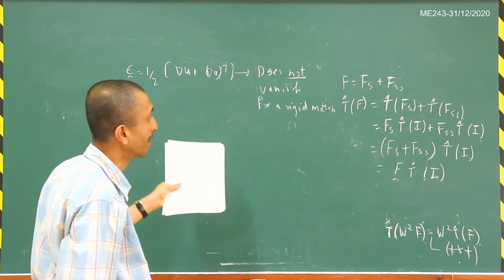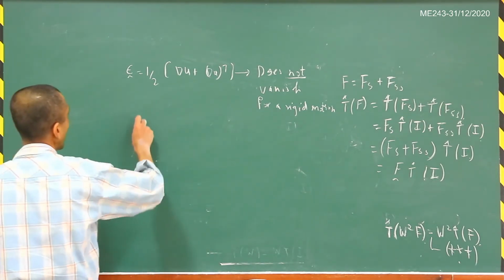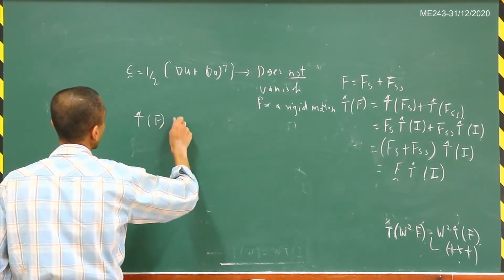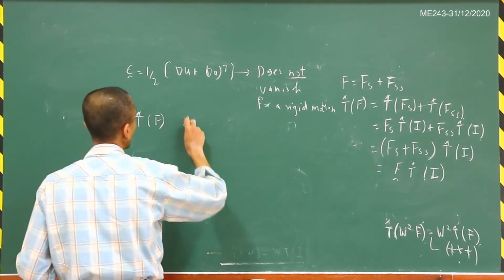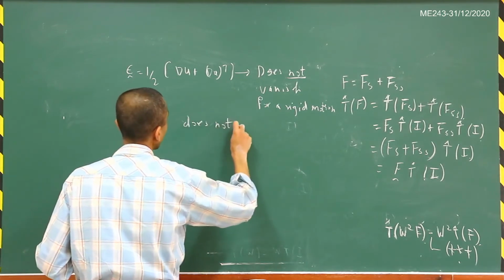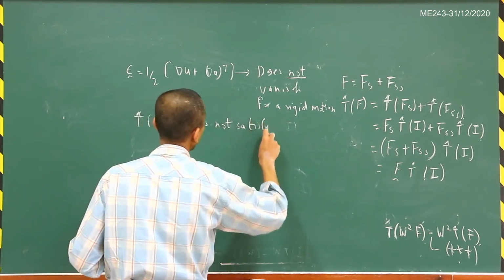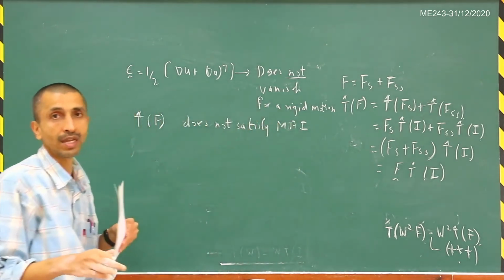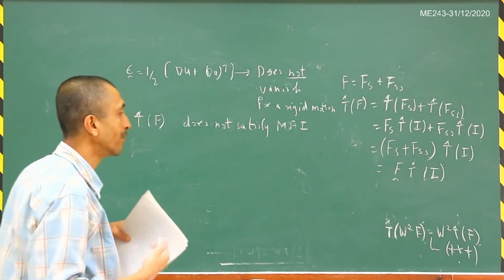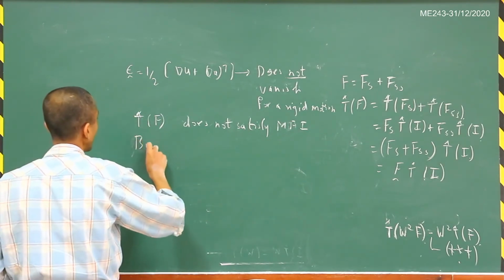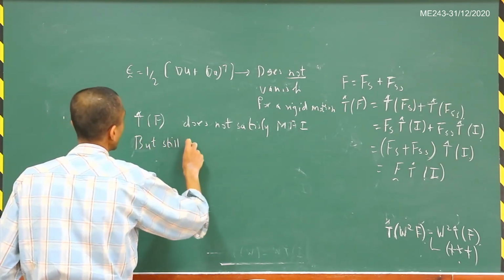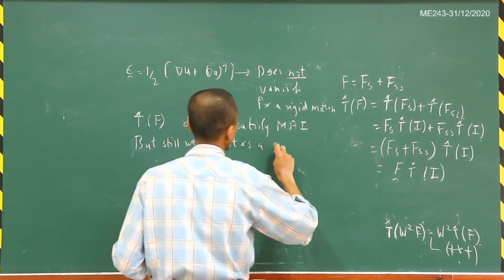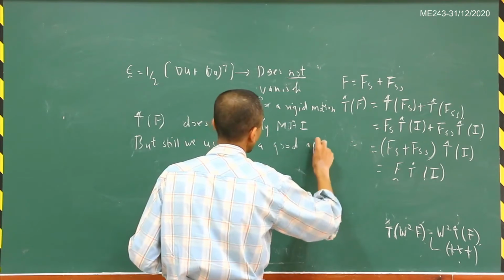That is one shortcoming, and then T hat of F does not satisfy MFI, and so on and so forth. So there are lots of shortcomings in the linear model, but still we use it as a good approximation.